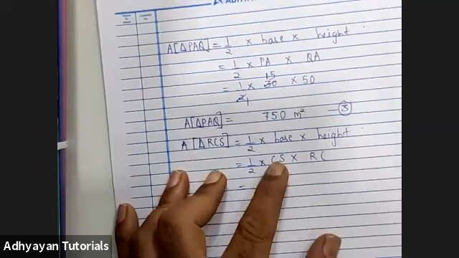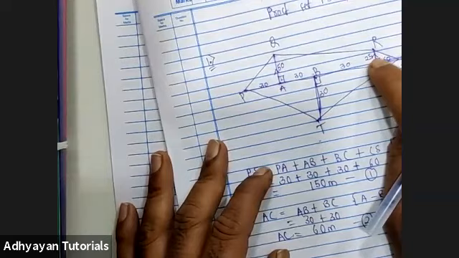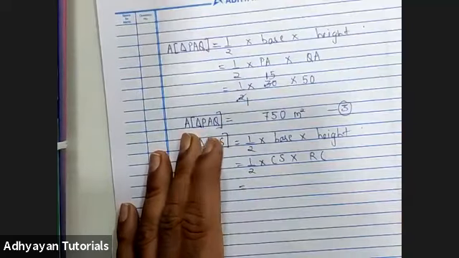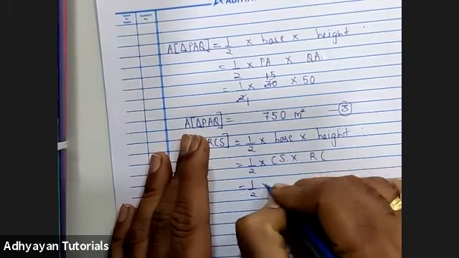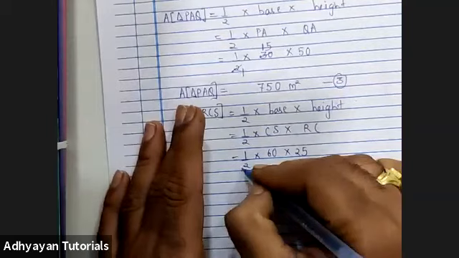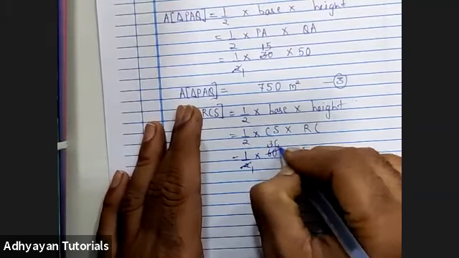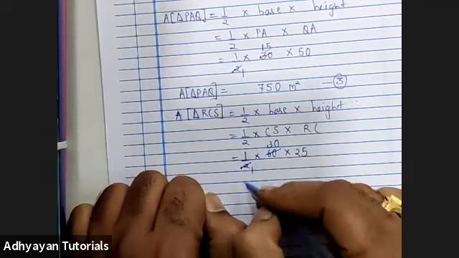Just so that you know, CS's value is 60 and RC's value is 25. So half into 60 into 25. 2 ones are 2, 30s are, right? 30 into 25 is the same thing, I believe.